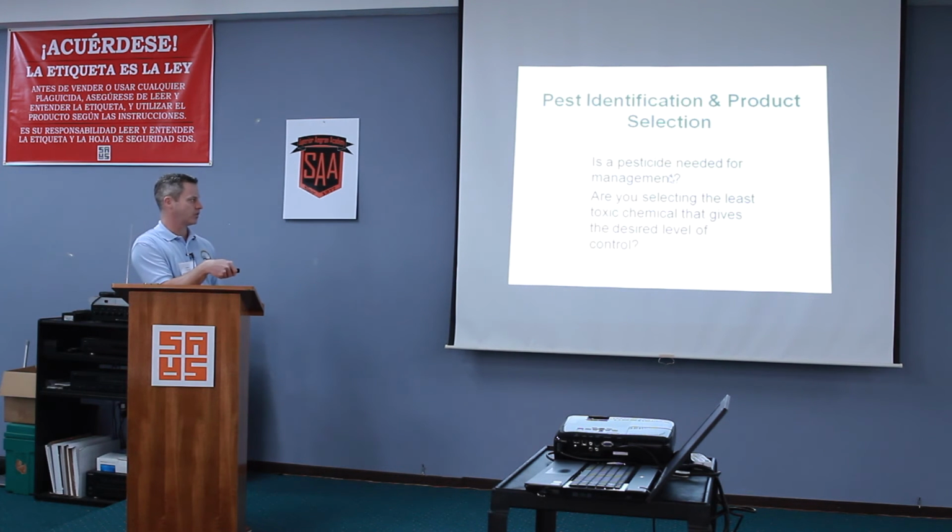And so you have to think about what desired level of control is, and that's going to be based on the situation. Is it the one spider in someone's home, or is it a food processing facility that may have certain requirements? But when you're selecting the least toxic chemical, then you can refer to those signal words to help determine what is the least toxic chemical.